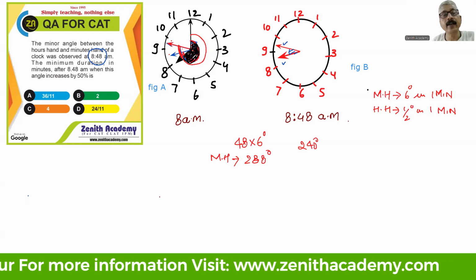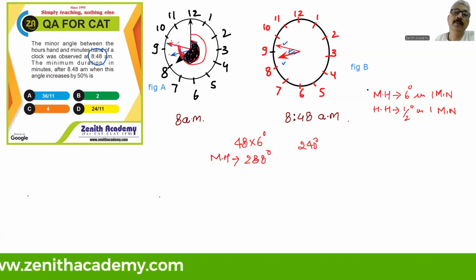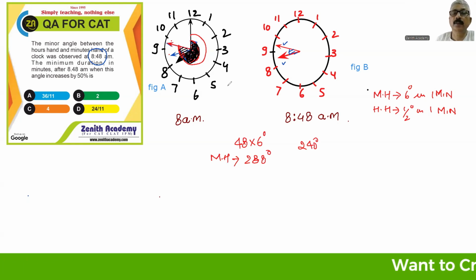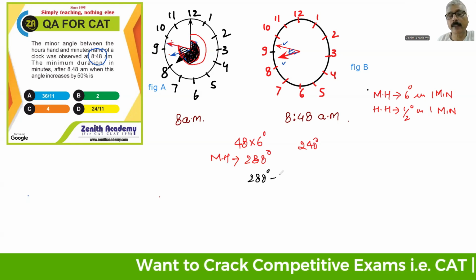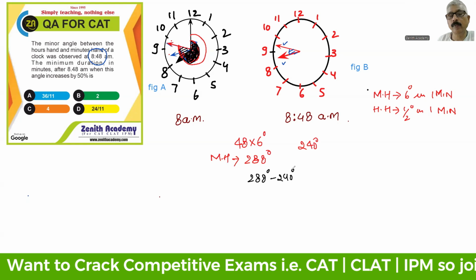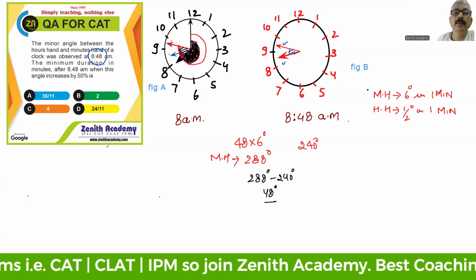So if you see the angle from figure 8 made by minute hand, it is only this. So this is 288 minus 240, which is 48 degree. You got me?